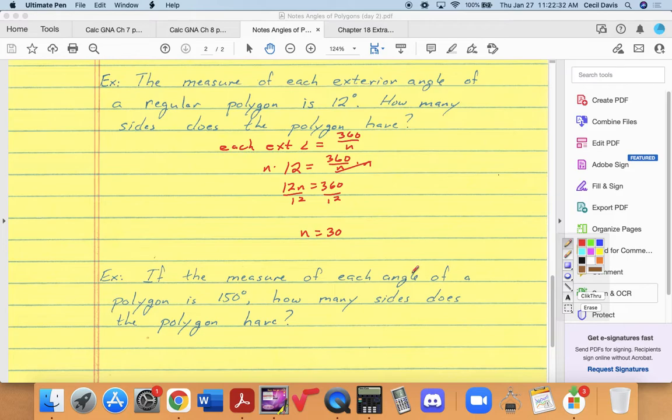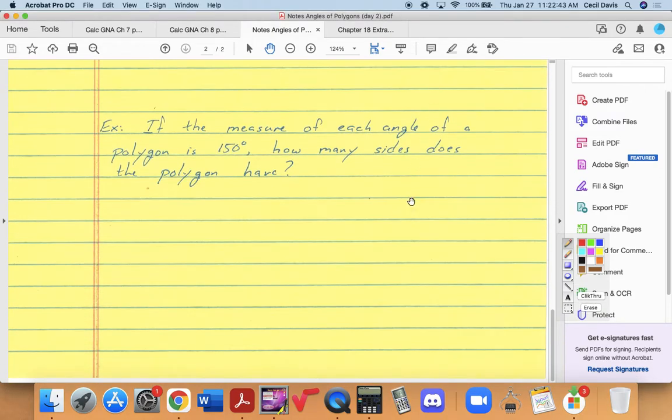Okay? All right. For this last one, there are two different ways to do it. One of them is slightly shorter. I'll show you the longer way first, which is the way most students end up doing it. But if you can remember it, the other way is slightly shorter. It says the measure of each angle of a polygon, not exterior angle, but just regular angles.